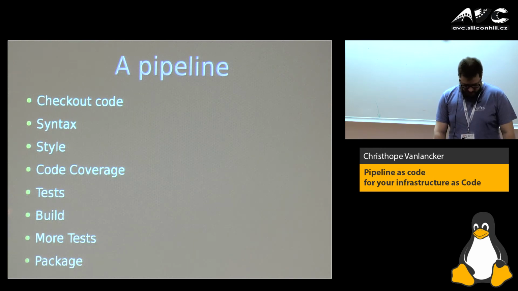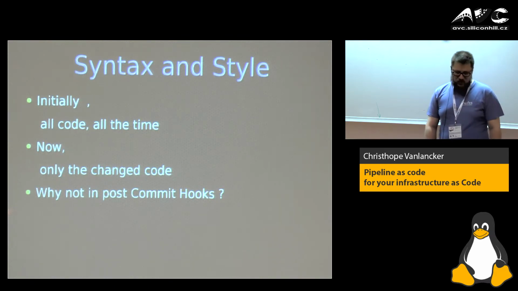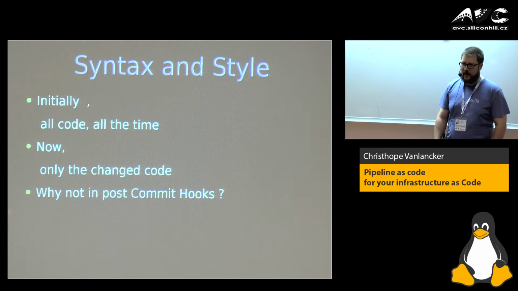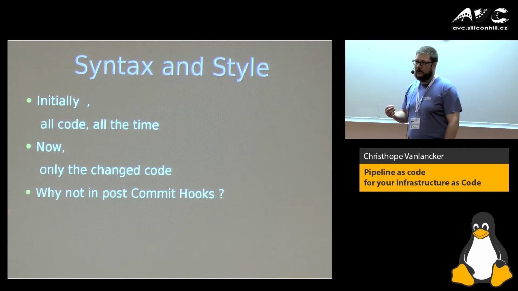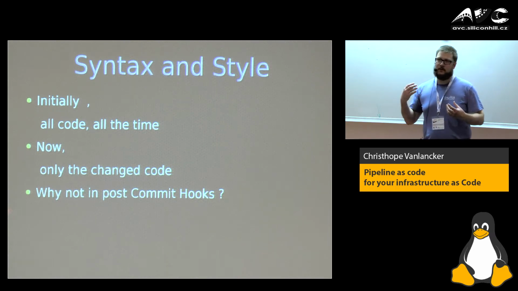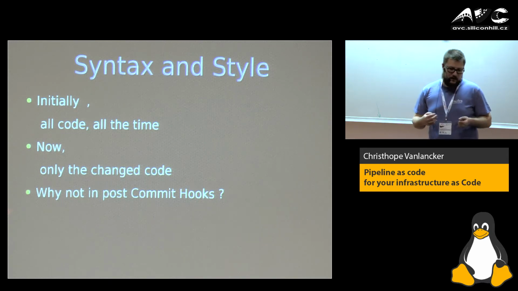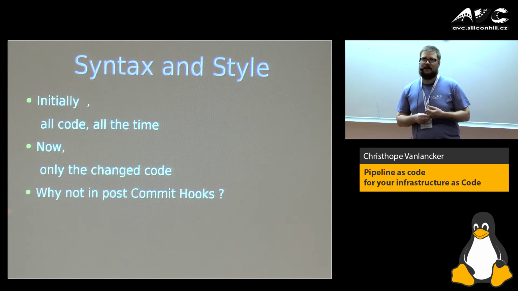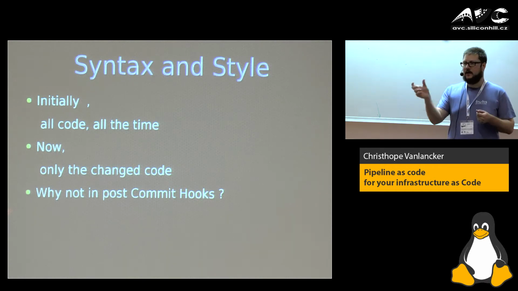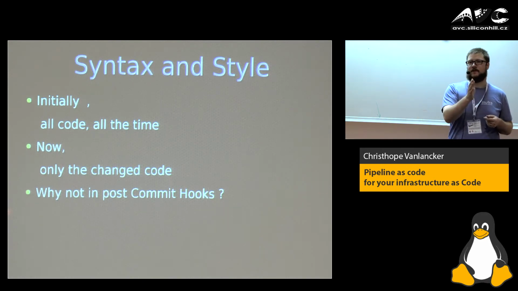For syntax and style, initially we check all the code all the time, but as your code base increases, those tests run a lot longer, and you can then switch to a point where instead of checking absolutely everything, you only check the difference from the previous successful build.